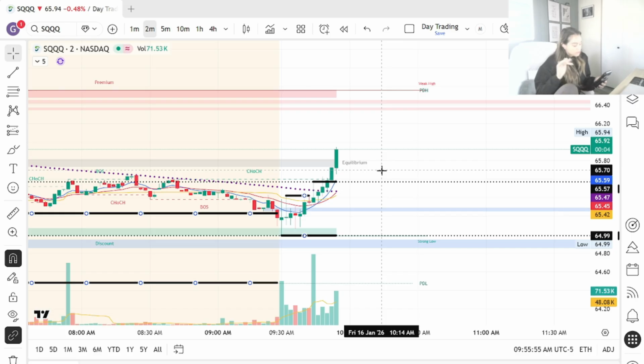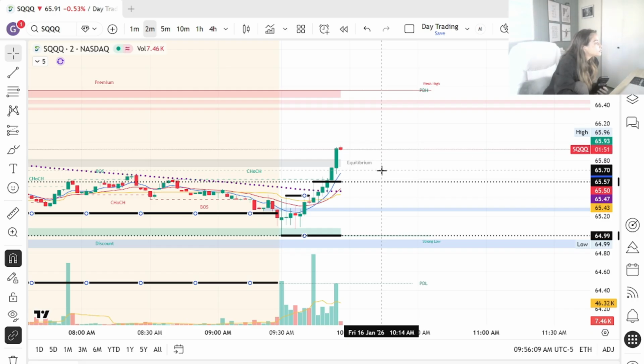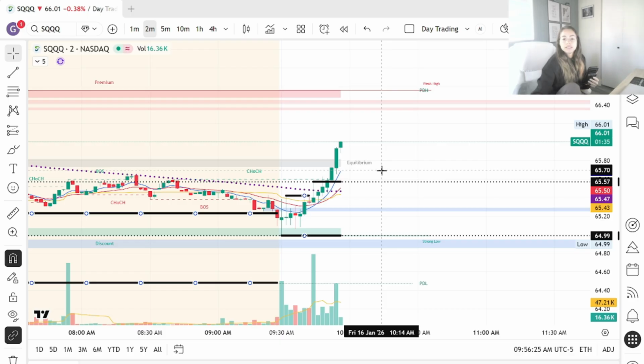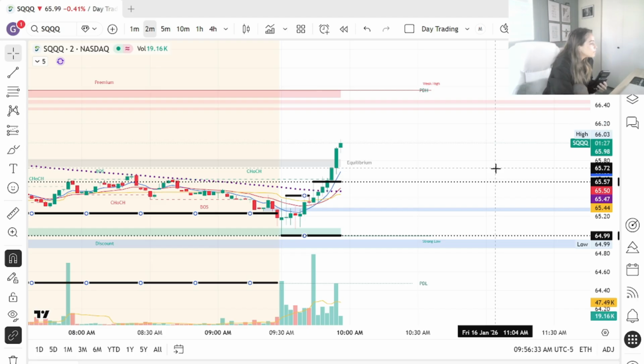Dale, another 50, well, a little bit more than 500, another 50% and we're out. Our exit is 66.51, which would give us 1,000 for the day. 66.01 right now. 66.20, or if we see it slow down volume wise, then we exit. We don't stick around to lose money.